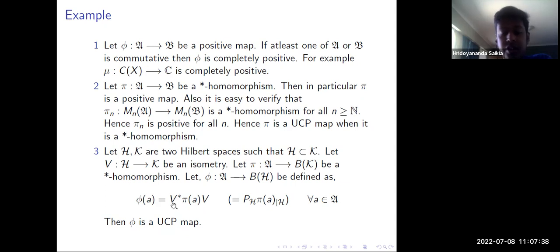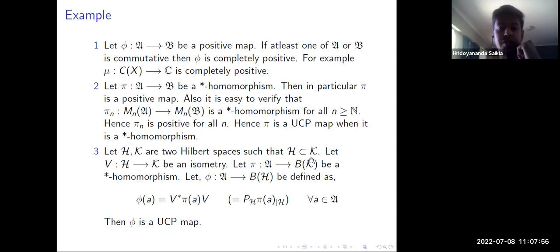That is how I define the new map. So phi of a is the compression, V star pi of a V. And we can look at this map like this.